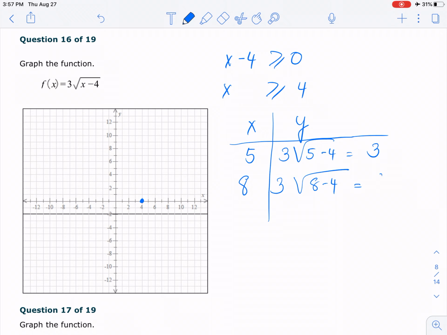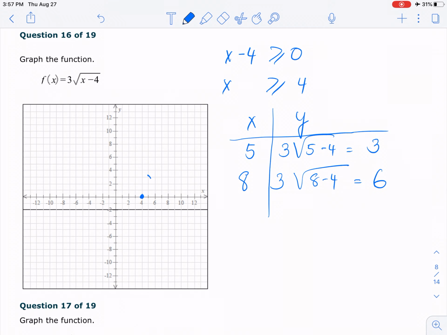2 times 3 is 6. If you want to pick another one, you're going to try to get 9. So pick a number that would give you 9. So 13 minus 4, that's going to give you 9. Okay, but anyway, I think 3 points are good. So 5, 3, 8, 6.